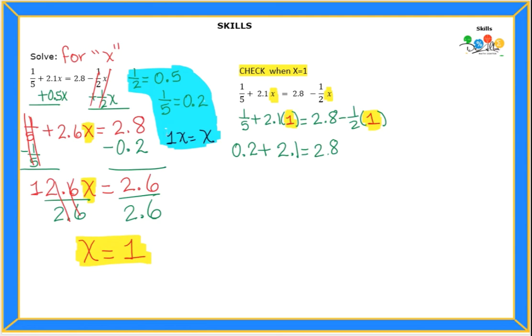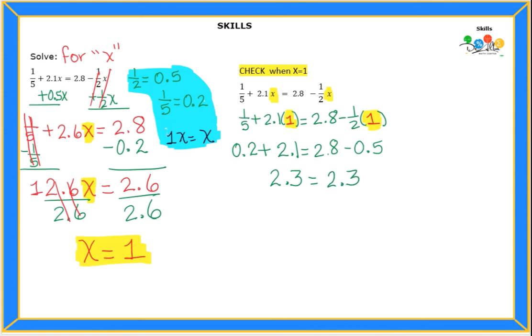And we know, because I have it in the blue section, that half is equal to 0.5. So I am just going to write down minus 0.5. Okay, so I'm going to work out the left, which is 0.2 plus 2.1, and I do get a 2.3. And if I subtract 2.8 minus 0.5, I get a 2.3.